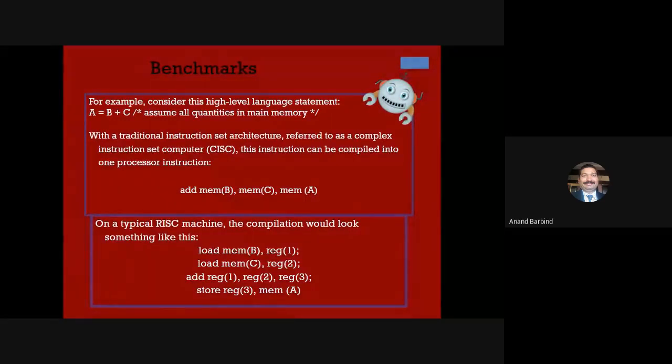Because you will choose some program which executes fast on your computer, and you will claim that see, this is my computer and it is executing these many instructions on my computer.